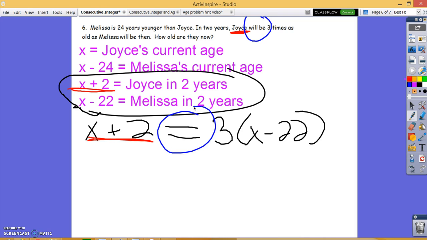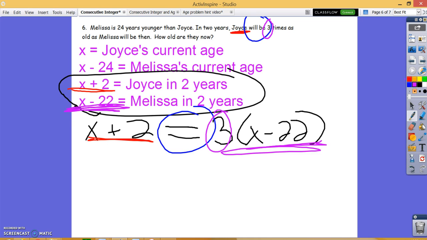If I say 2 plus 2 will be 4, that's an equal sign in between there. So Joyce is what I underlined in red. Will be is the equal sign. 3 times, so I've got to say times 3. 3 times as old as Melissa will be then. Okay, so now I need to go ahead and solve.